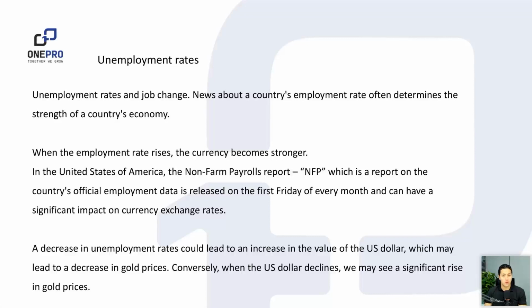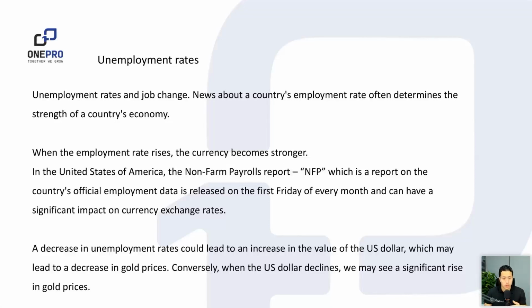So the unemployment rates basically are the second thing that we look for: inflation and the unemployment rates. When the employment rate rises, the currency becomes stronger, because simply when the employment is higher, the economy is stronger, and the currency becomes stronger.